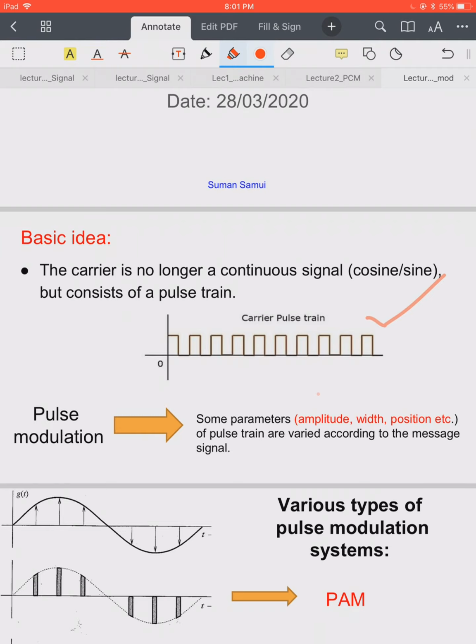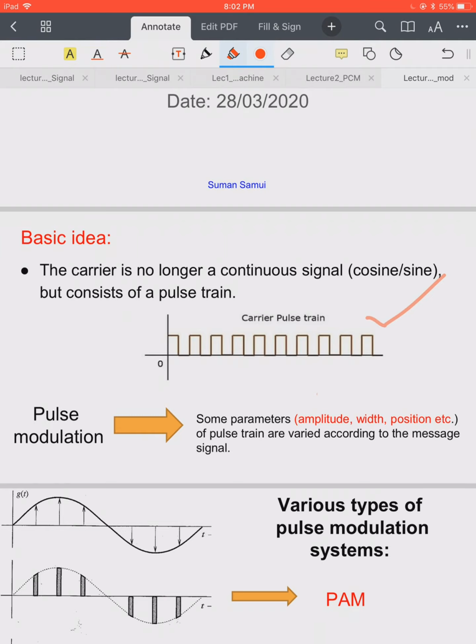And what is the concept of pulse modulation? Pulse modulation means we want to transmit the message signal, but we are not going to transmit the message signal directly. We are going to modulate the pulse train. How are we going to modulate it?